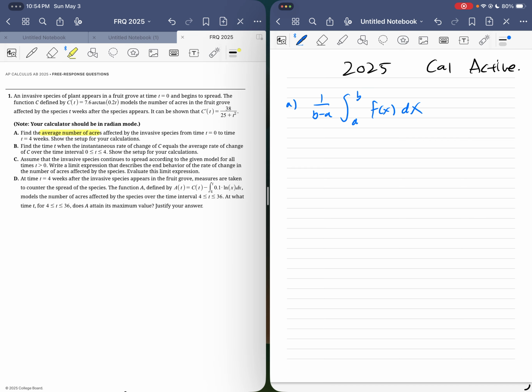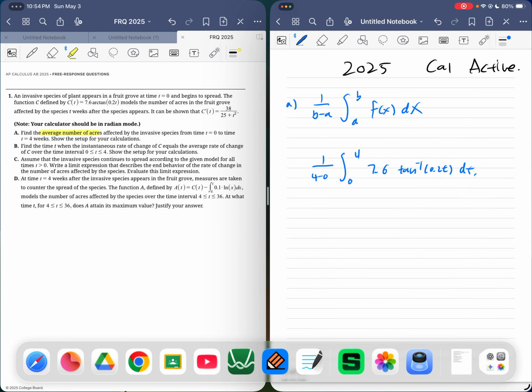So let's do this. This one is 0 to 4. So it's going to be the integral from 0 to 4, with 1 over 4 minus 0. It's c of t, which means 7.6 arctangent of 0.2 t dt. So that's it.